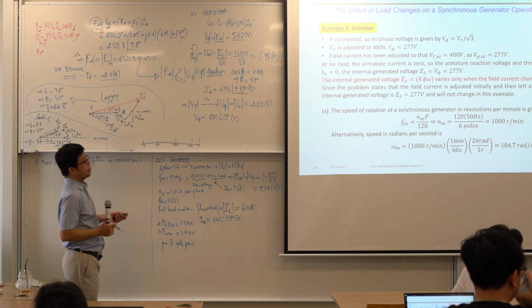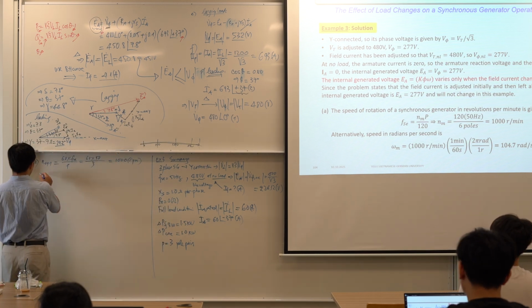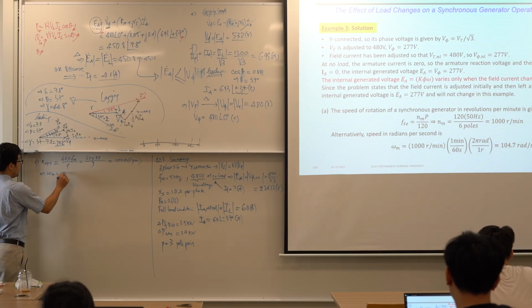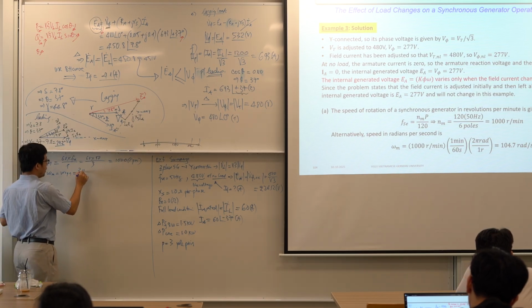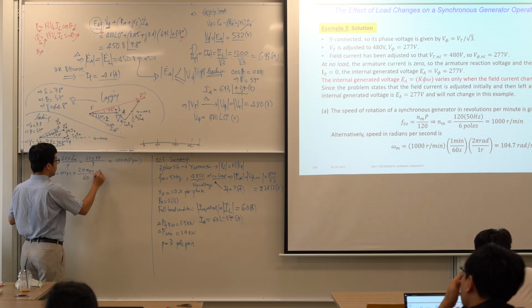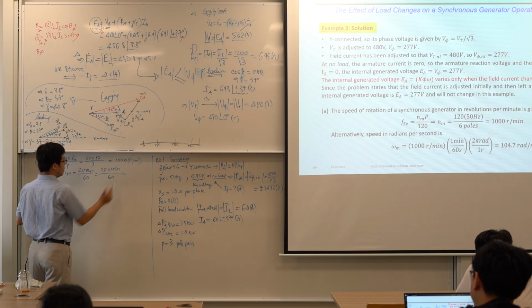RPM here. Okay. So we also calculate omega m or omega sync because this is synchronous speed equal to 2 pi times n sync divided by 60. Get 2 pi times 1000 divided by 60. How many?